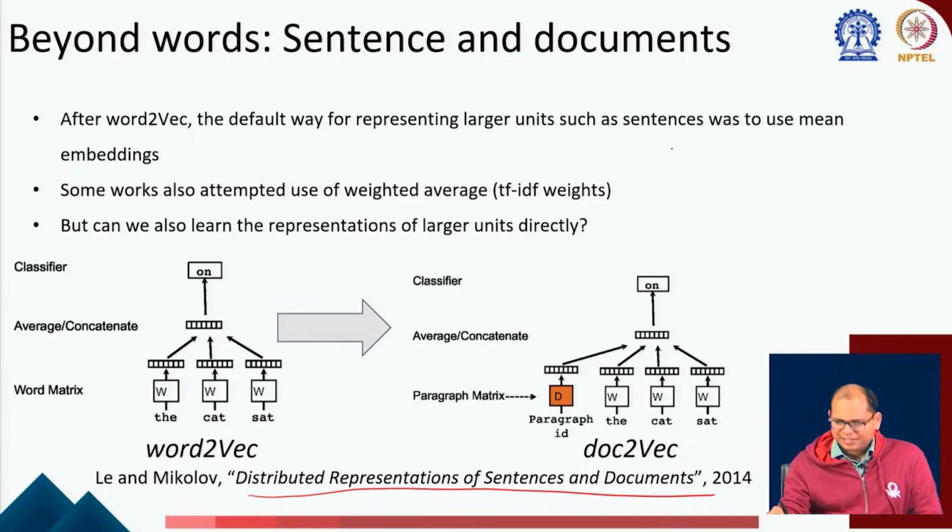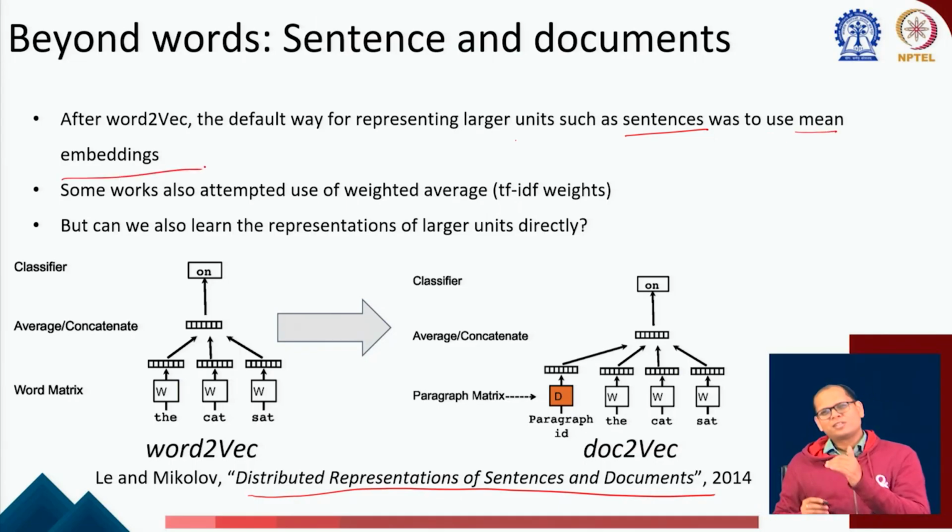This is very important, as we will see in the next week and so on, because if you have to do any task on the sentence level, like classification, you would want a single representation for the sentence. Now if you just have a word representation at your disposal, how can you represent the sentence? One default way is to take an average or sum of all the embeddings of the words. The default way for representing larger units such as sentences was simply to use mean embeddings. You take embeddings for all the words, take an average, and that will give you the sentence representation.